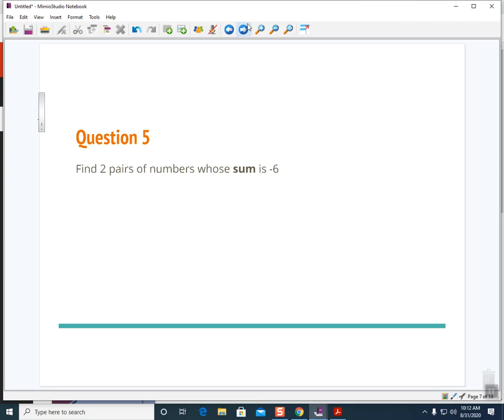Okay, so two pairs of numbers whose sum is -6. If you remember, sum means add. So two numbers that add to -6. So it could be -3 plus -3. That gives us -6. We could do -12 plus 6.